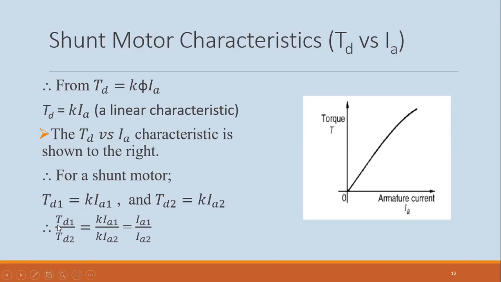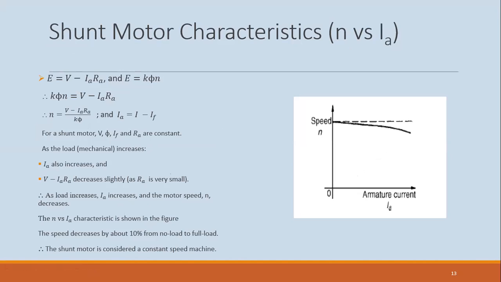The torque developed can be written in terms of the armature current. At one value of the torque developed, you have a particular armature current, and at another value of the torque developed, you have another value of the armature current. So you can work out what the new torque developed would be if you change the armature current, and changing the armature current means changing the loading on the machine.